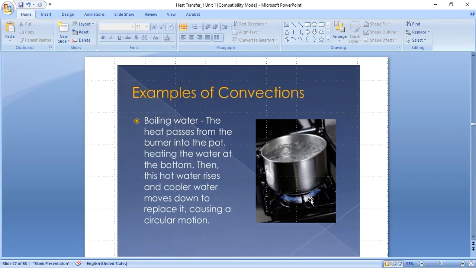The density of the water decreases, and that lighter water moves upward, while the upper water comes downward and then starts to boil. This hot water rises and pulls the water to move down to replace it, causing a circular motion. This is an example of convection.